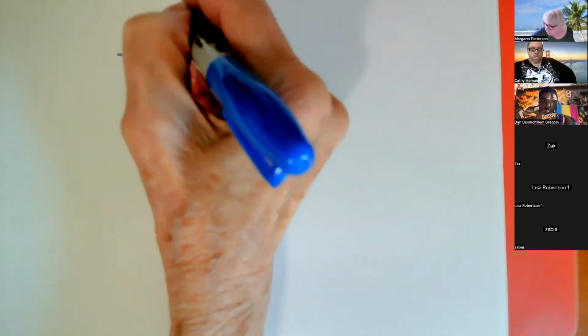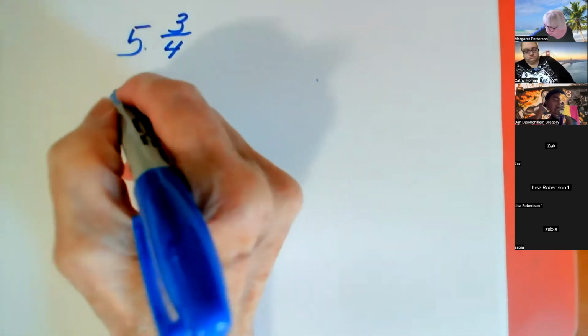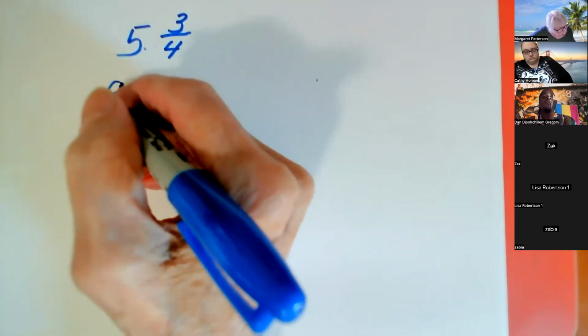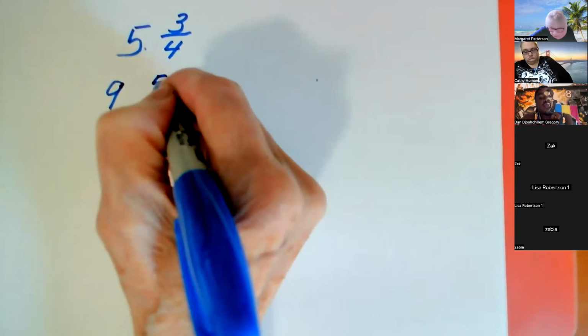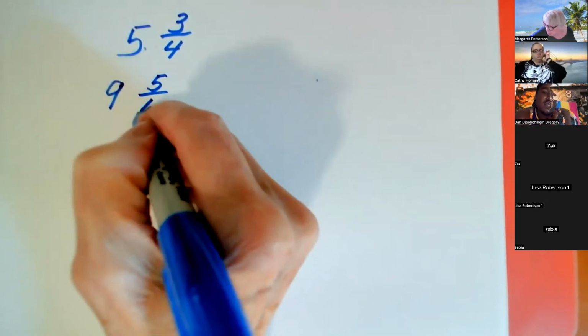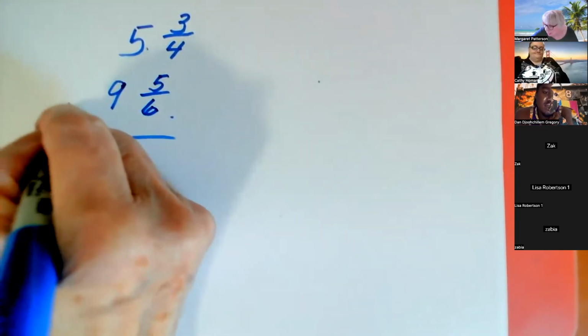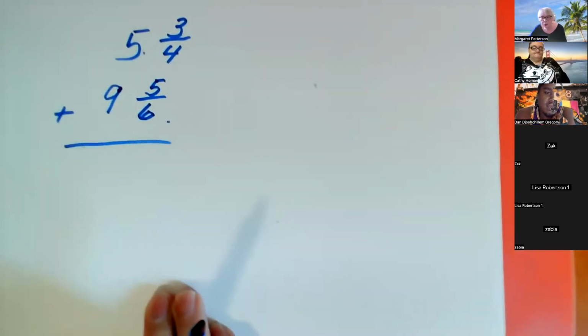I'm not sure what you're thinking about, but I know where I'm going next. Once in a while, when we get a final answer, there's an improper fraction involved. And so maybe that's what you're thinking about.